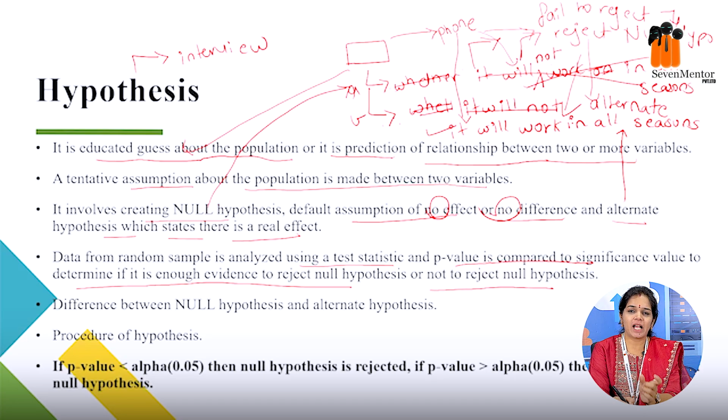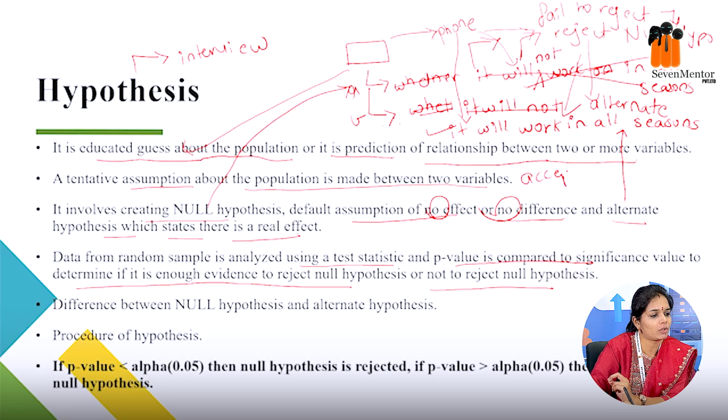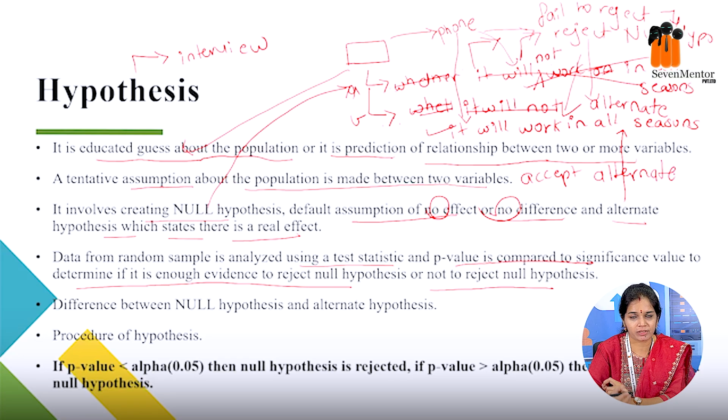This is the technical term you need to use. You can say that I accept the alternate hypothesis, but we can't say that I accept the null hypothesis. Instead, we need to say fail to reject. Just remember these terms because the interviewer looks for all these things while you explain hypothesis.